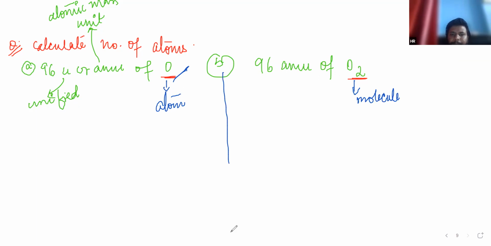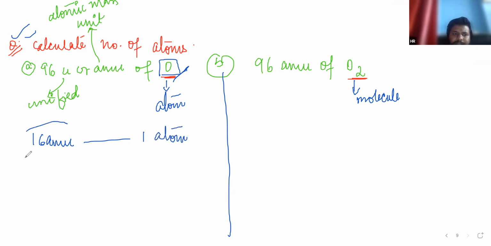Just see. What we need to calculate is the number of atoms. See, mass of oxygen is 16 mu. That is the mass of one atom. 16 mu represents the mass of one atom.